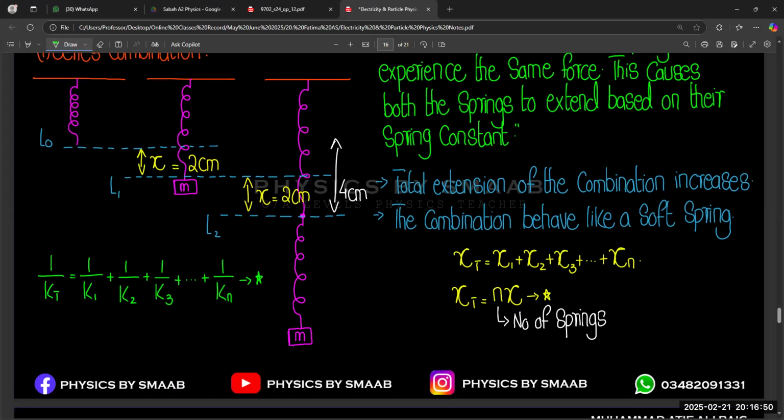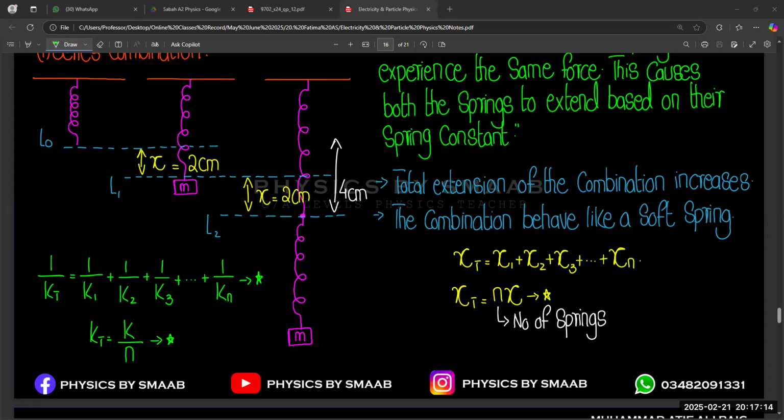So the total value of k is equal to k divided by the number of springs. So basically, according to this formula, we can easily derive this idea that the value of k decreases by the n factor.